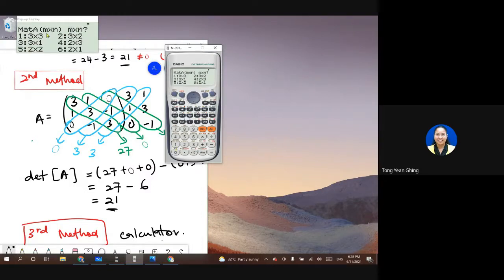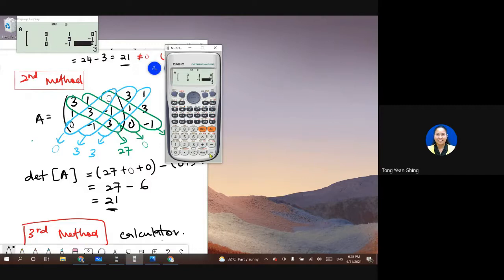For the rows and columns M times N, it is 3 times 3, so I choose number 1. This matrix 3 times 3 comes out, and I key in all the values: 3 equal, 1 equal, 0 equal, 1 equal, 3 equal, negative 1 equal, 0 equal, negative 1 equal, 3.